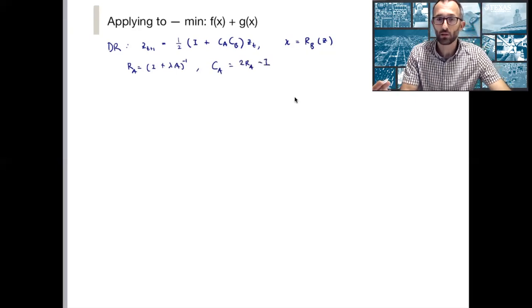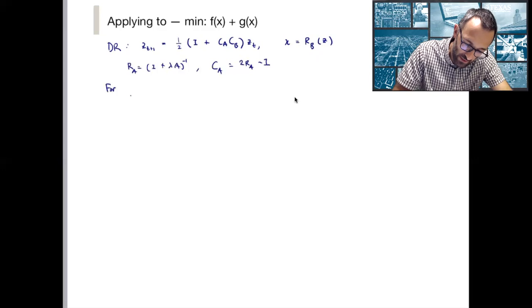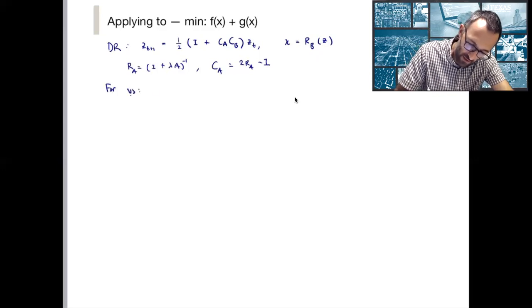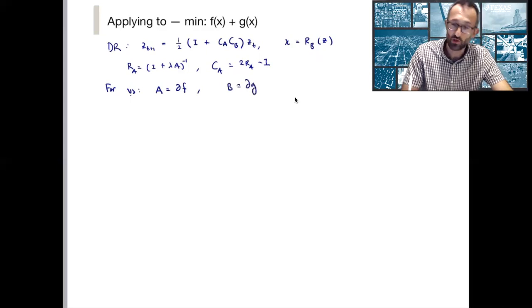And also recall what the resolvent is. The resolvent is our proximal operator for this special case where, let's write this clearly, A is equal to the subdifferential of f, and B is equal to the subdifferential of g.